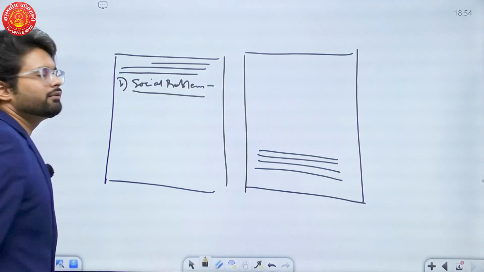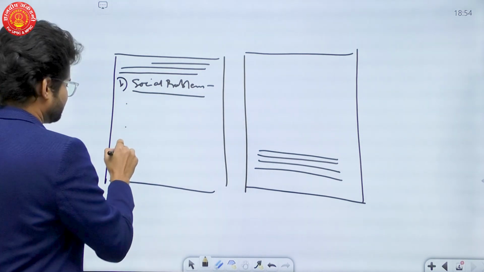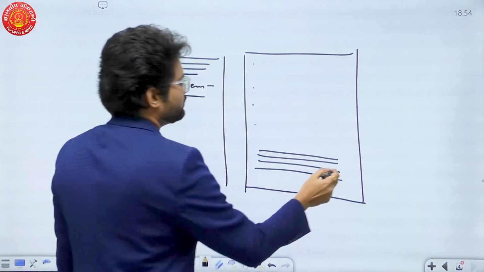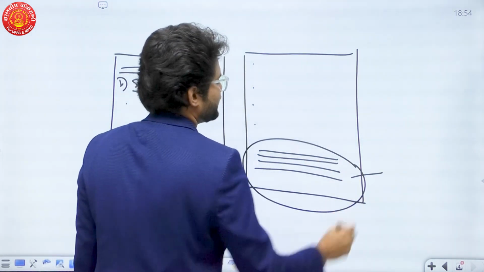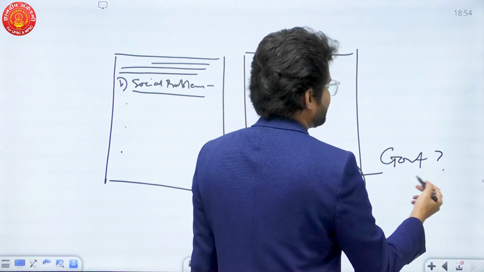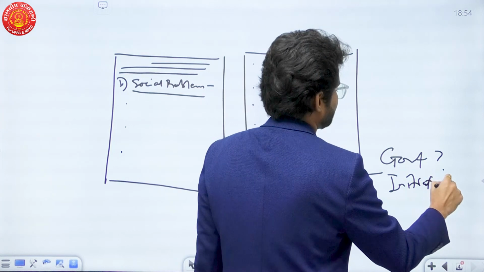You have to write maximum 10 such problems, and likely you have to give solutions, or as a conclusion it can be what the government is doing, and in the second half what other initiatives can be taken on your suggestion part.